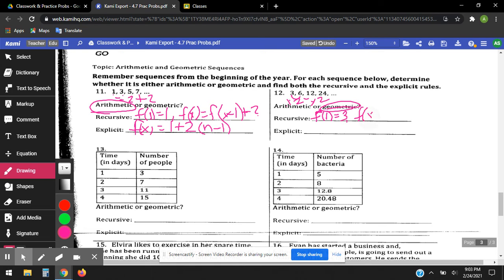F of x equals f of x minus 1, so the previous term, times 2. So my explicit then is my starting term times 2 repeatedly, but I need to take away that first term. So I started with the first one.